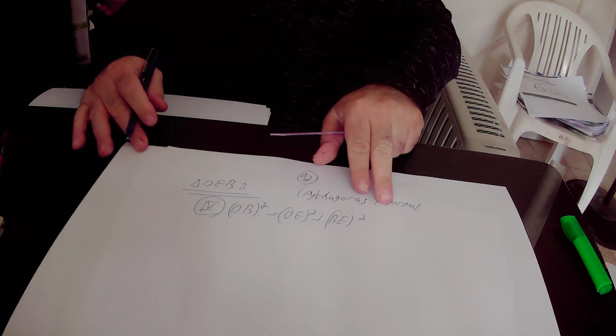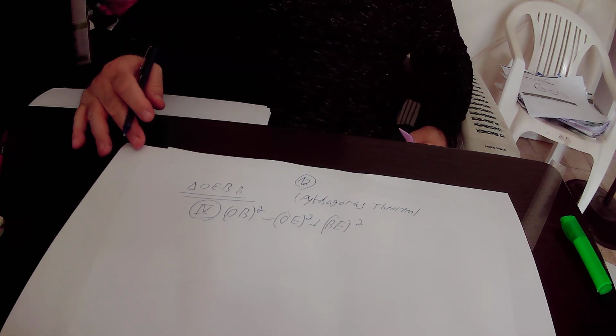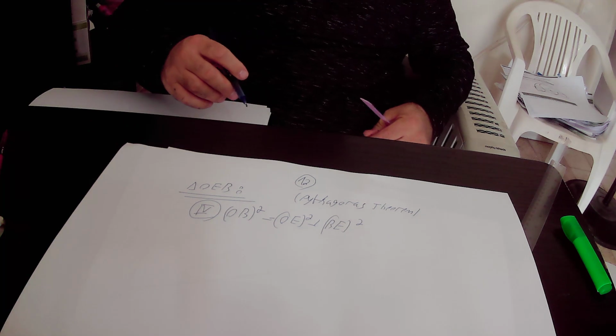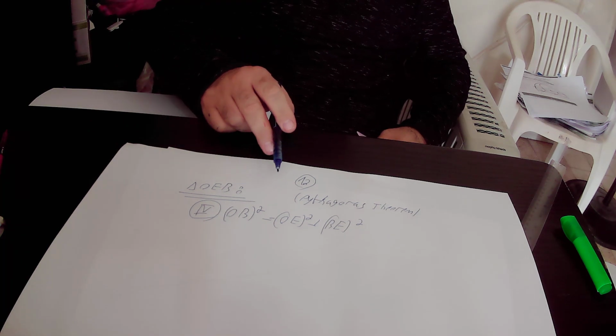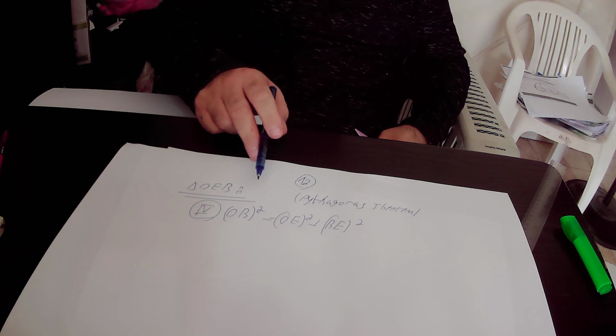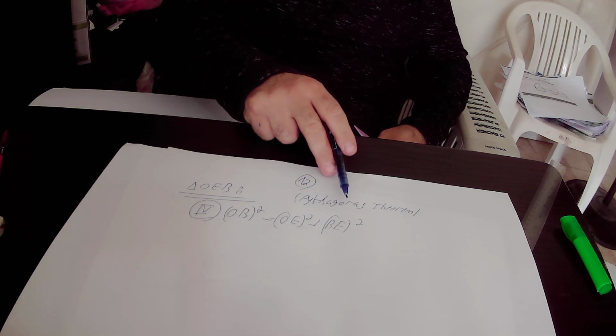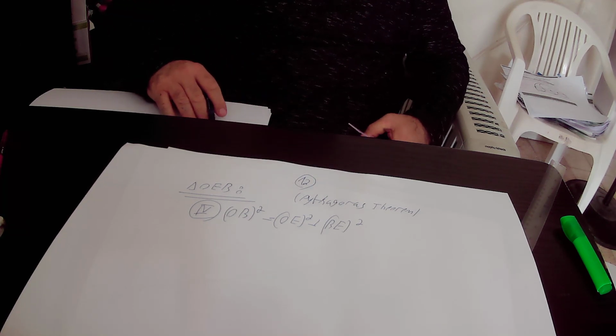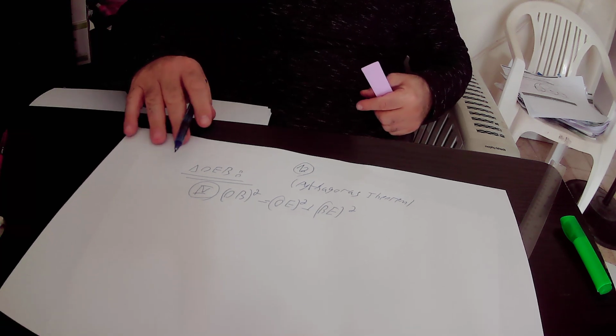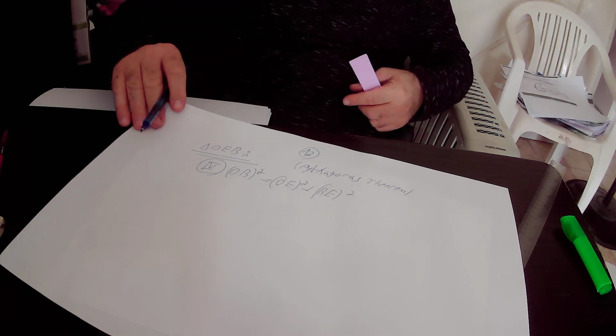I will repeat again. In the right triangle OEB, according to the Pythagoras theorem, the square of the hypotenuse equals the sum of the squares of the perpendiculars. That is to say, OB square equals OE square plus EB square. But we know that BO equals 4 units.